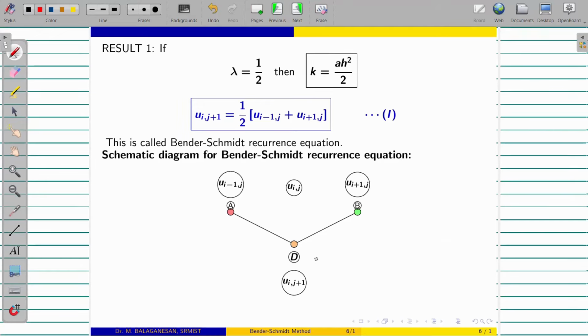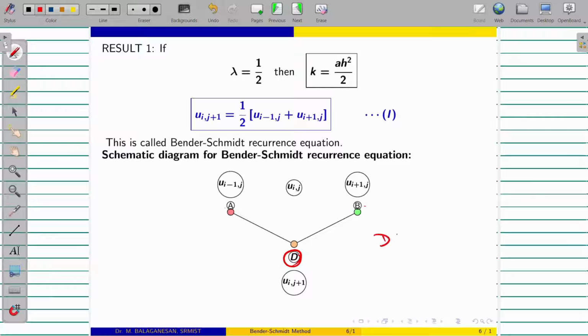If you want to find this value d, then it is the average of a plus b by 2. You need not memorize this formula. For MCQ purposes, they will ask to solve problems. You need not remember it; the diagrammatic representation is more than enough.